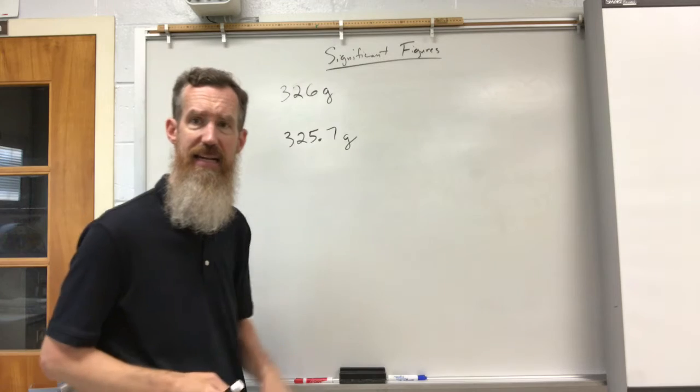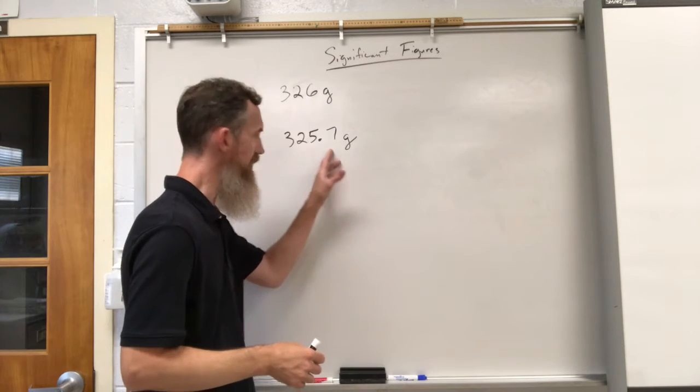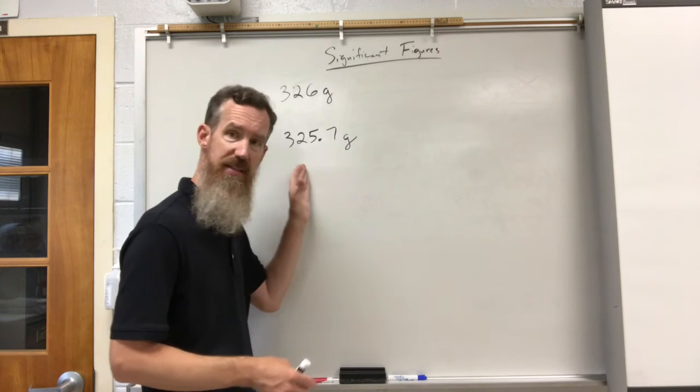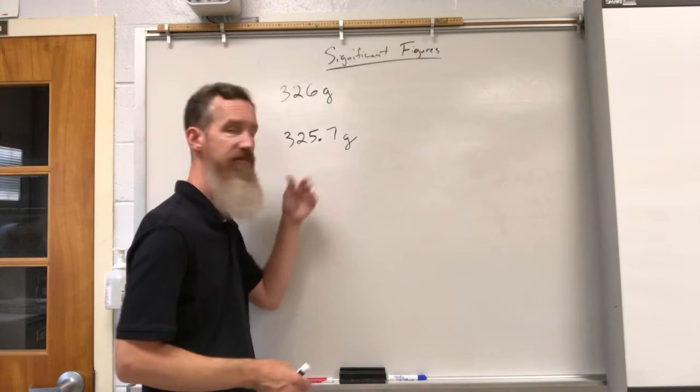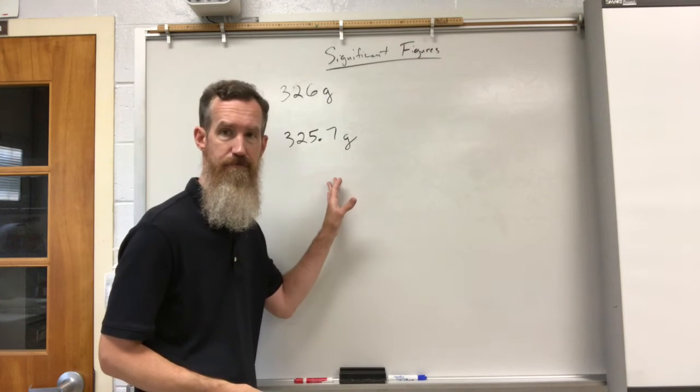Maybe on a second scale, it can read the 10th place. And so now, on this scale, you would have 4 significant figures. So you're going to trust the instrument.